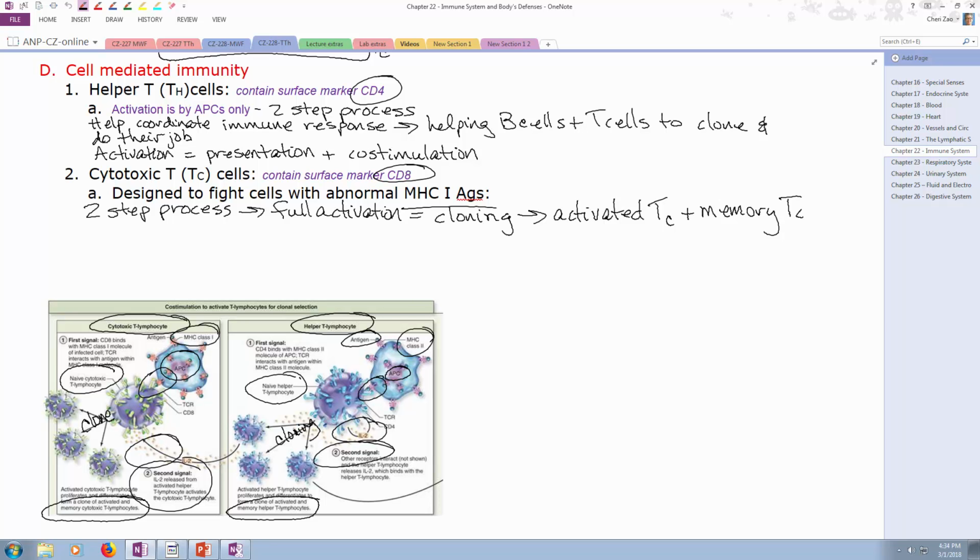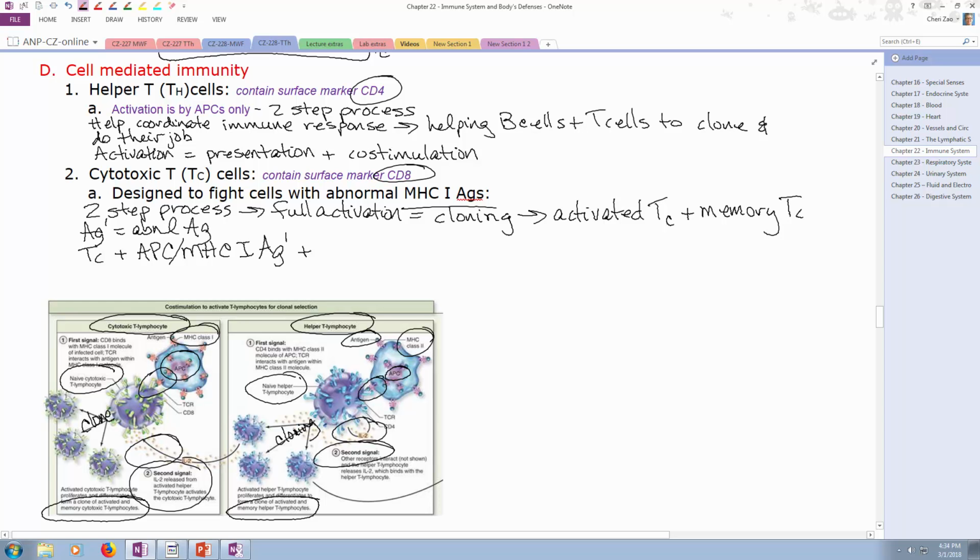So we'll have AG prime, or AG comma, equals abnormal antigen in our notes. And so we need a cytotoxic T cell to come into contact with an APC/MHC1 that is loaded with antigen prime, or a foreign antigen.